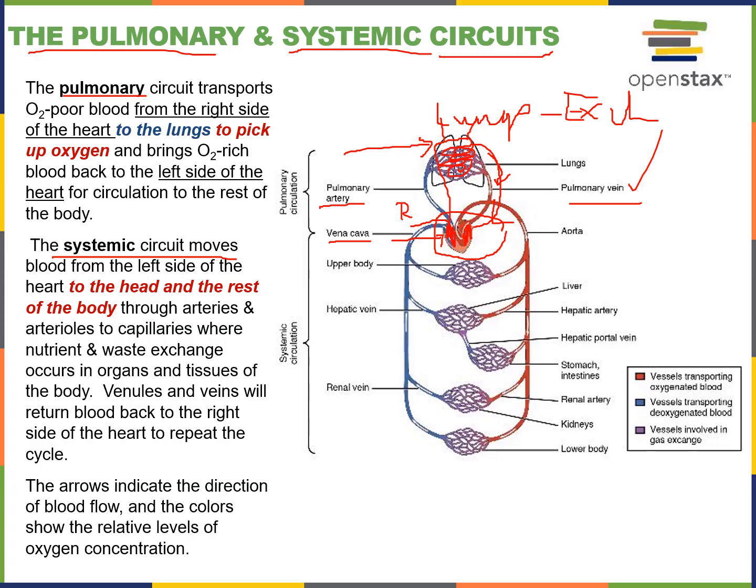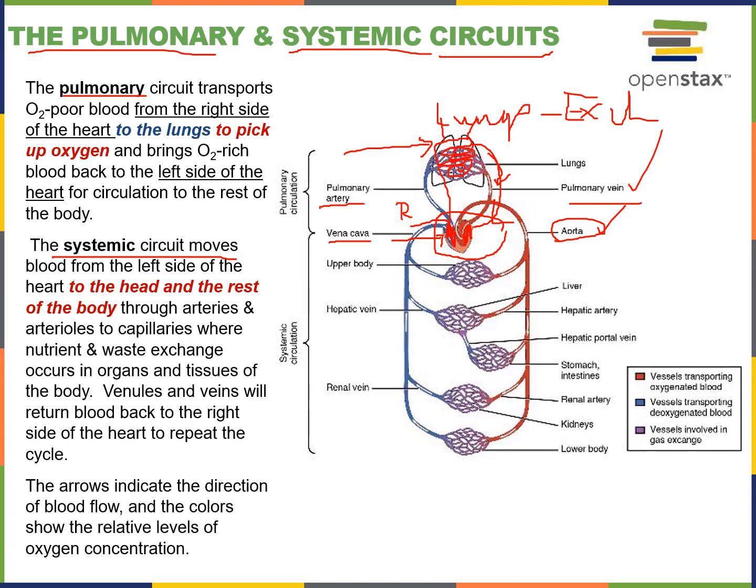So if someone says you have a systemic infection, it means that bacteria is probably in your blood and flowing around the body. Never a good thing. But that's what systemic means. The major blood vessel that receives oxygenated blood from the left side of the heart is this one here called the aorta.